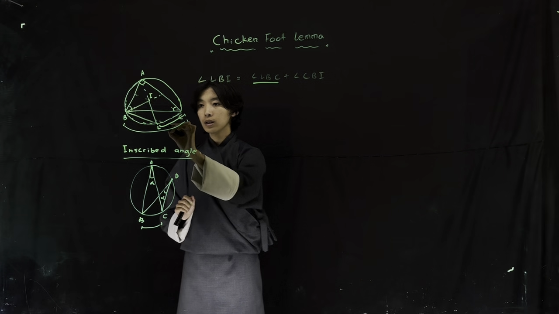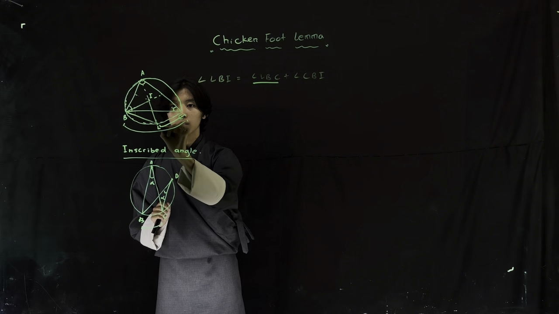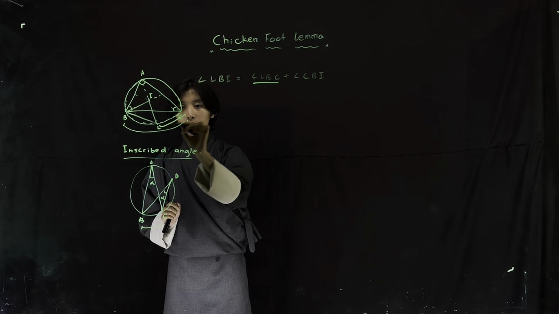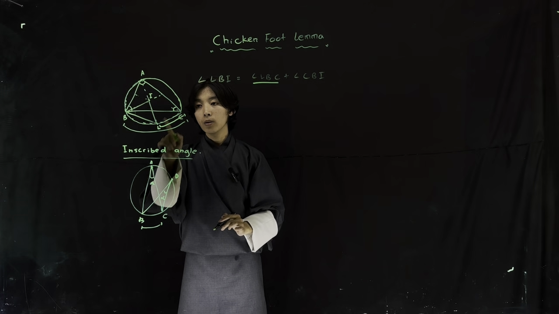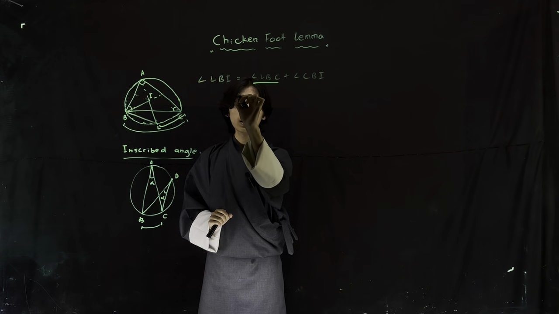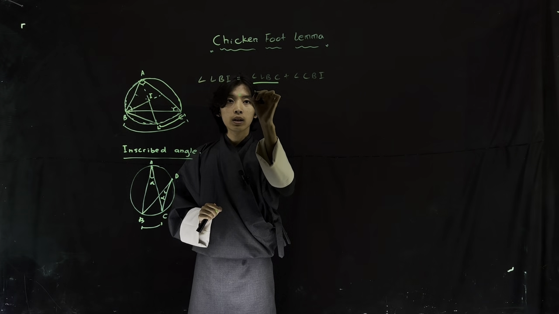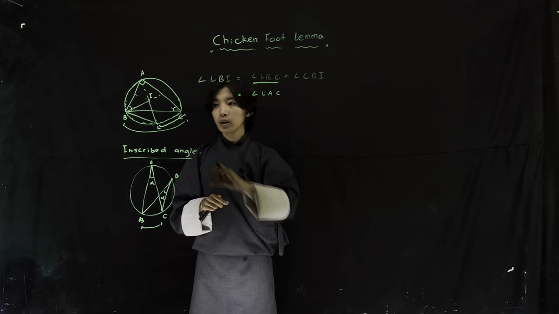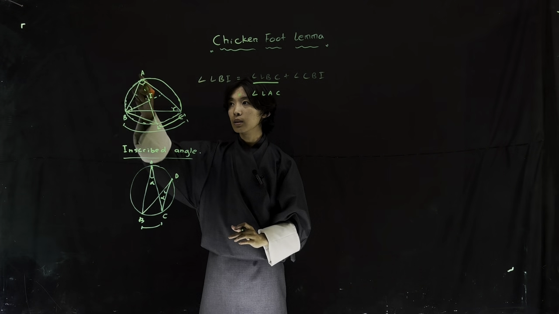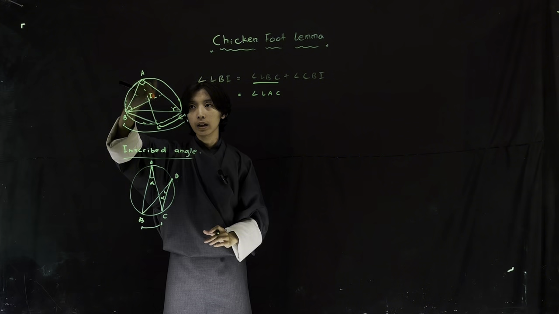If you look into this, we can see angle LBC has this arc LC, and LAC also has this arc LC. So we can say that angle LBC is equal to angle LAC. Now, why are we changing LBC into LAC? Because we know the value of LAC.